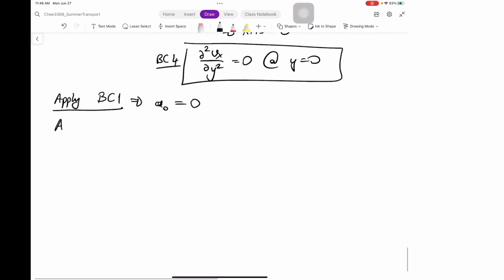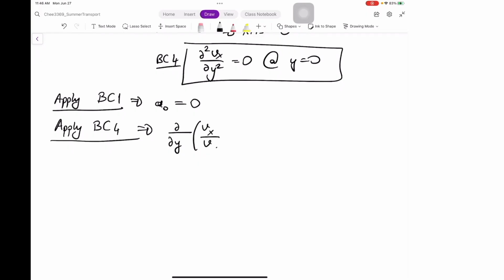Let's apply boundary condition 4. Now, del over del y. Let's first take the derivative of Vx over V infinity.